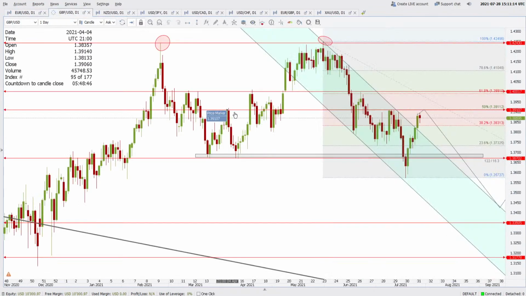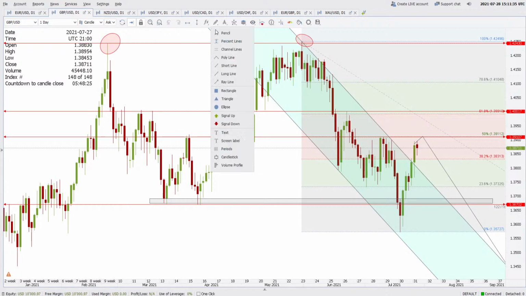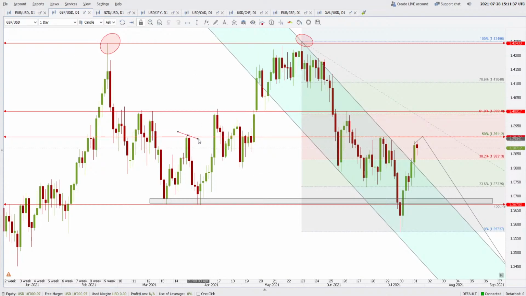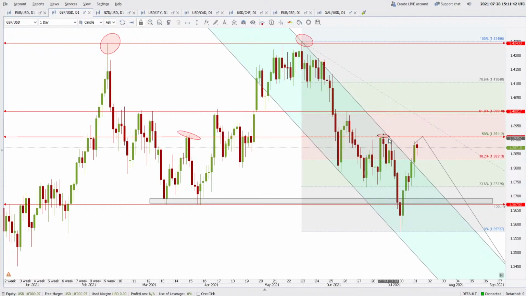Okay, so GBPUSD, we talked about it yesterday. We were saying that there are multiple reasons for sellers to open fresh selling positions at around 1.3910. One reason was that it was 50% of the recent decline, and the second reason was that this area was of great importance in the past. You see how it was of importance here, and then here.